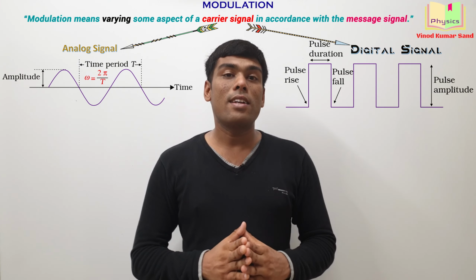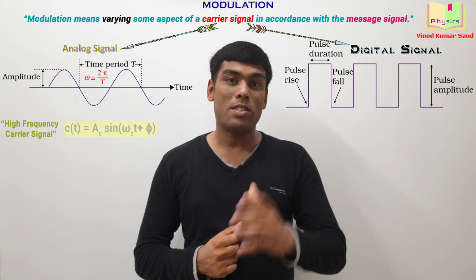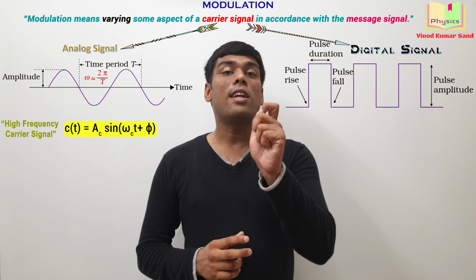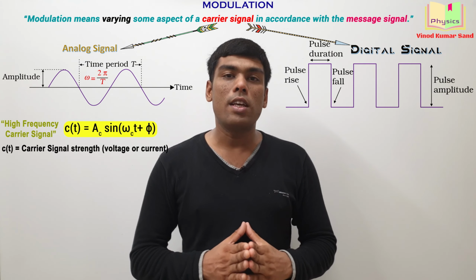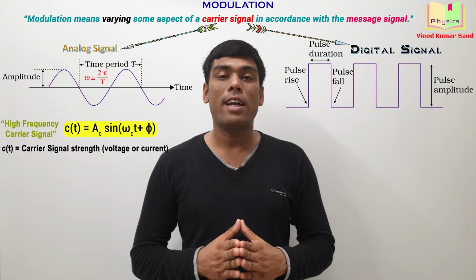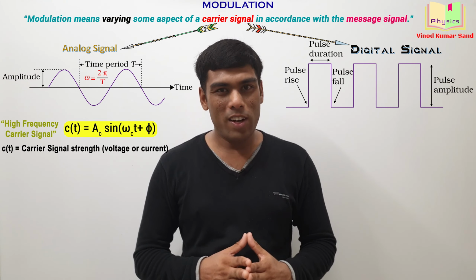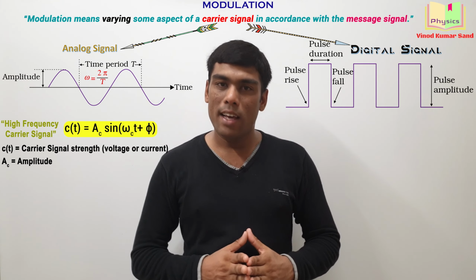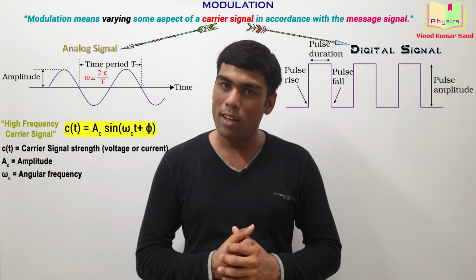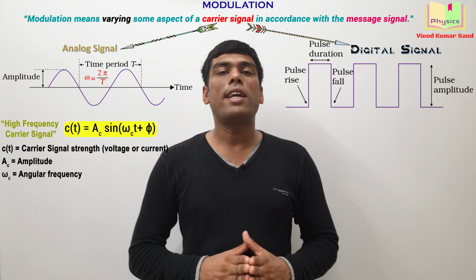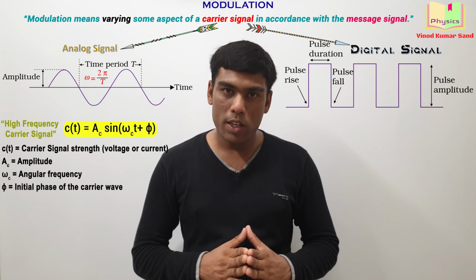An analog carrier signal is a high frequency signal. Here c(t) indicates the strength of the carrier. It could be given in terms of voltage or current. Ac indicates the amplitude, omega c indicates the angular frequency of the carrier, and phi indicates the initial phase.